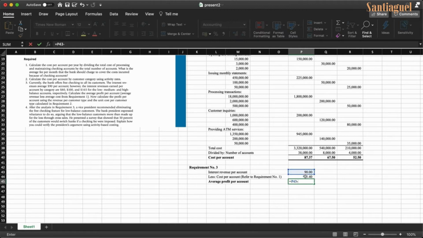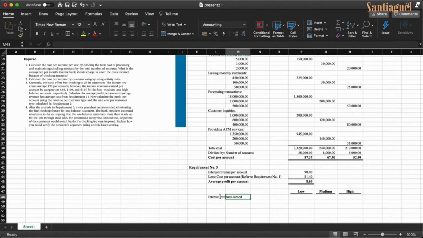And we will get 8.60 average profit per account. Next, we will compute the profit per account by customer category. This is done through getting the difference between the given interest revenues earned per customer category and cost per account of each category as computed in the second requirement.